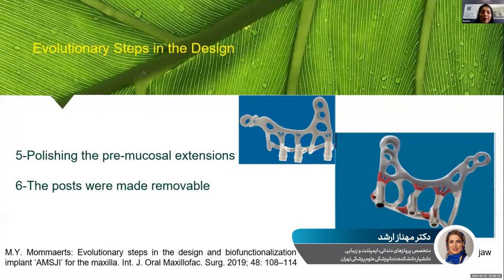And after we make the subperiosteal implant, polishing the perimucosal extension is so important, because if you have any dehiscence in this area, it must be polished very well. We don't want plaque to attach to this area, and the patient can clean this area so easily.